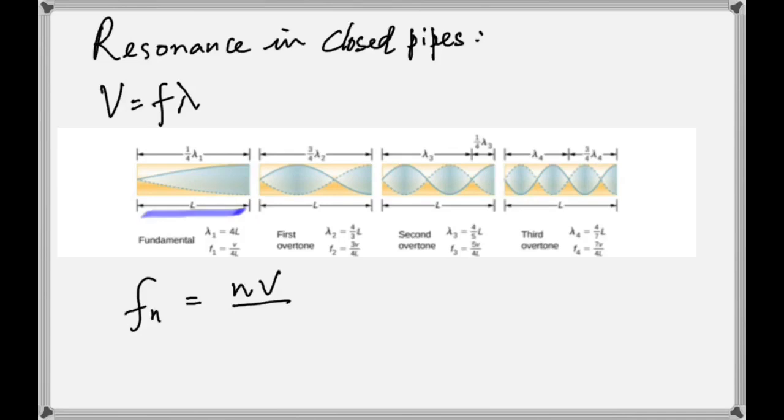Anyways, when you do the math, you see that the nth harmonic in a closed pipe is nv/4L, where L is the length of the pipe, and n can only take odd values: 1, 3, 5, 7, etc. So that's for a closed pipe.